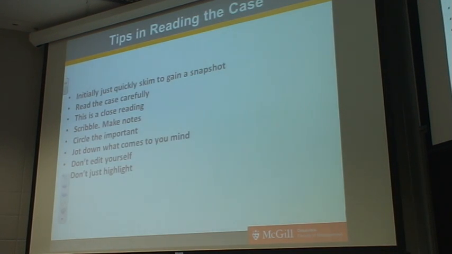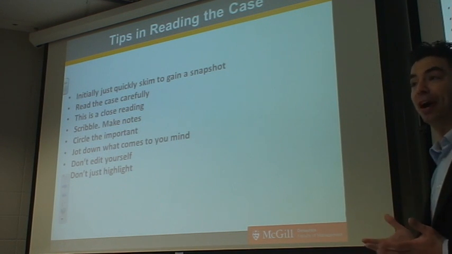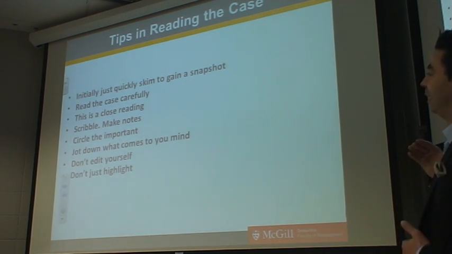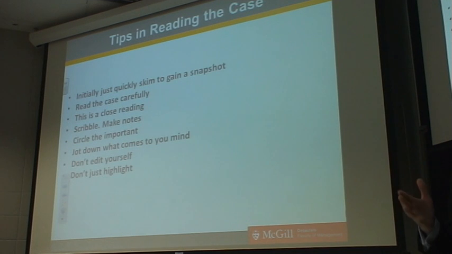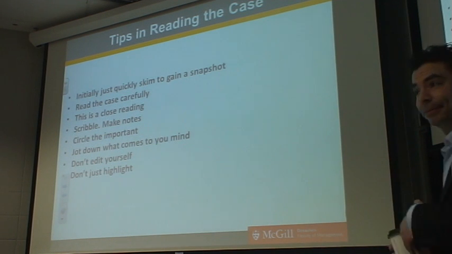So some initial tips when you first start reading the case, and you might think to yourselves, it's just reading a case. There's some tips I can offer you in terms of how do you systematically go through a case to make the most of your time. Initially, and it's something that's worked for a lot of students, it's something that works for myself as well, skim it.